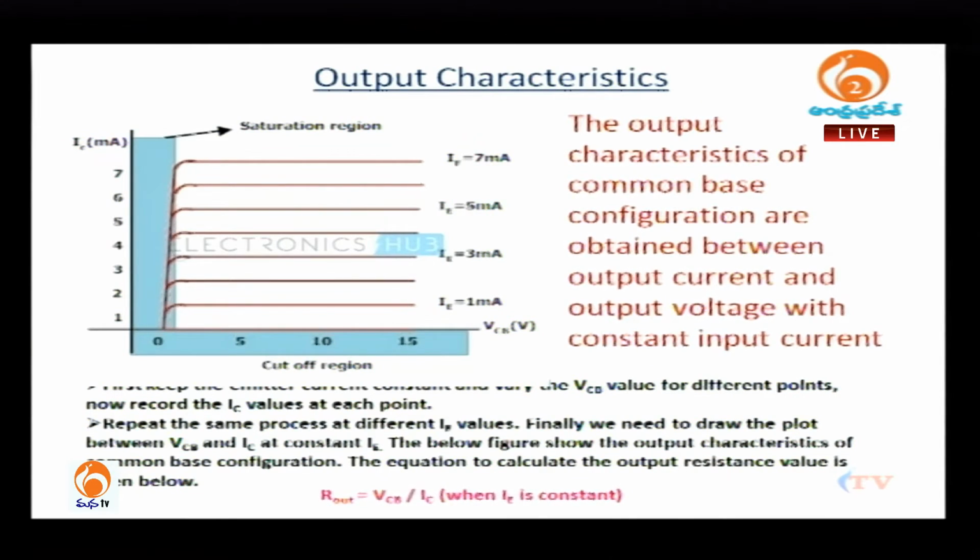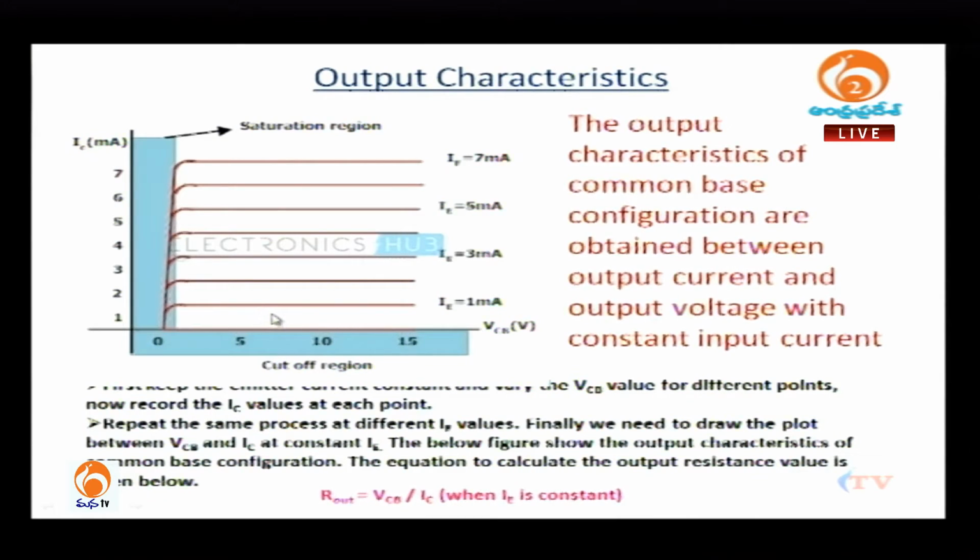Now, after that, when we fix the emitter current to about 1 milliampere, we can see that the curve has moved up, indicating that the collector current has started flowing. We see that in the active region, though we are varying the collector voltage, no significant collector current variation takes place.